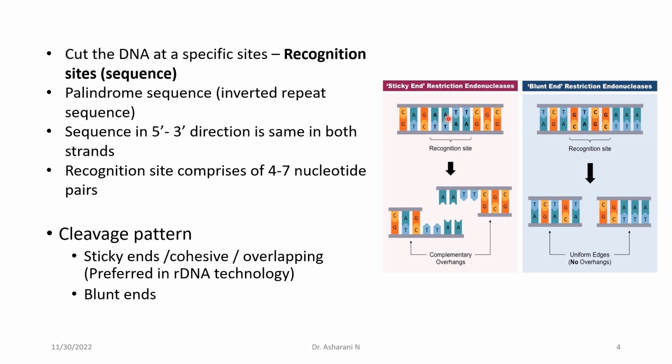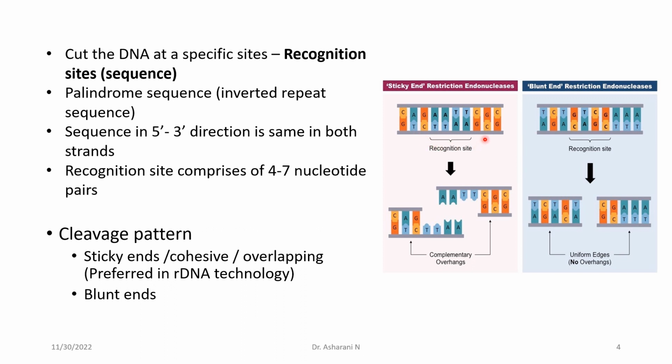It's a GAATTC. So this is the sequence in 5 prime to 3 prime in this strand, and you just observe the sequence in the below strand from 5 prime to 3 prime. So it is GAATTC. So both are reading the same when read from 5 prime to 3 prime.